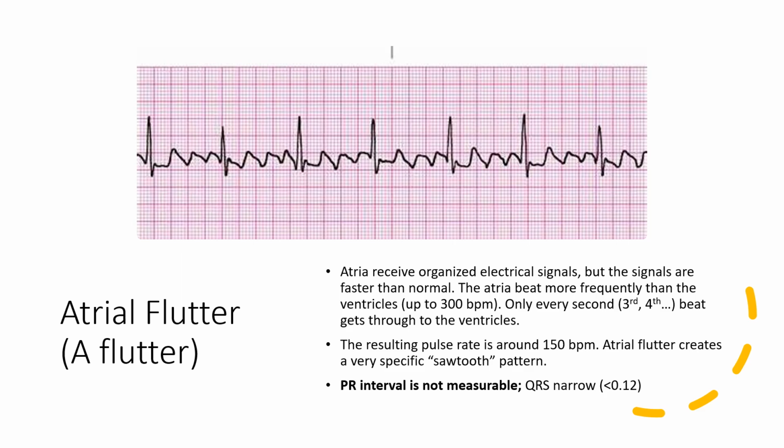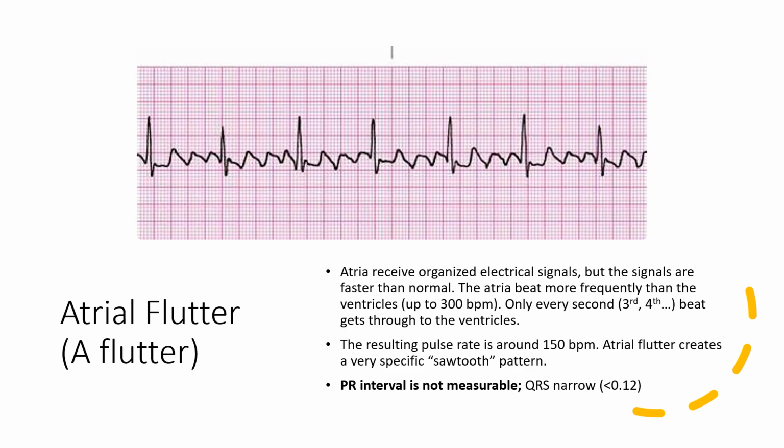So the P waves look really kind of big, and the resulting pulse rate is going to be what we are counting for the P waves and what we're counting for the QRS. So on this strip, I have the resulting pulse rate is around 150, simply because we are counting the P waves.